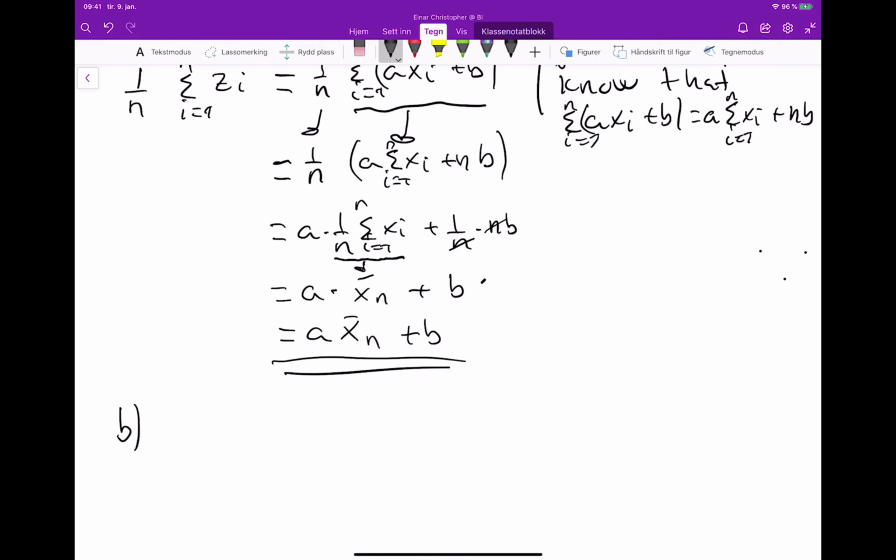B. So here we are going to show that Sz in the power of 2 is equal A in the power of 2 times Sx in the power of 2.